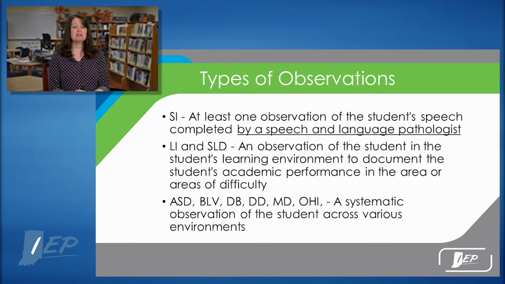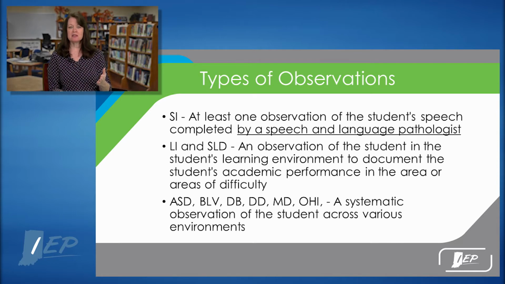So we have three different types of observations that are spelled out in Article 7. The first is for speech impairment, and it says that we need to have at least one observation of the student's speech completed by the SLP. So very cut and dry.